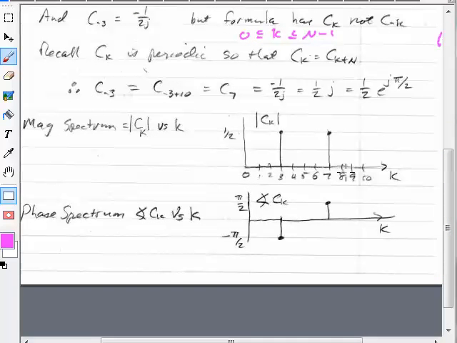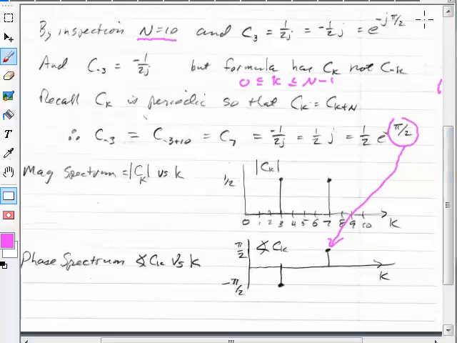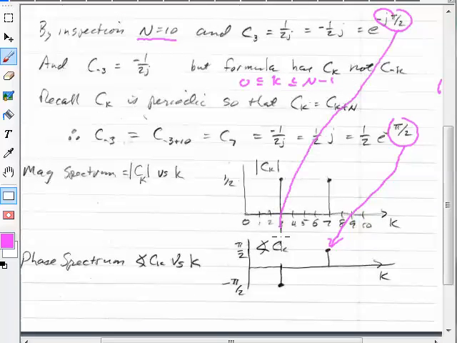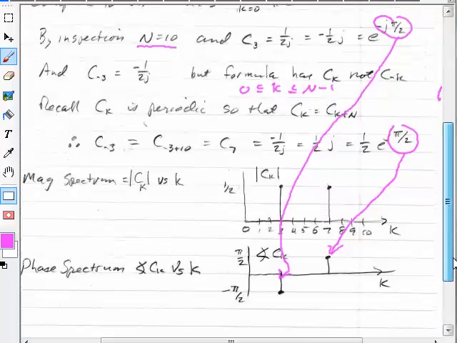So that's where we get this: this pi over 2 comes down to there, and this minus pi over 2 without the j is this guy. So there's the magnitude and the phase spectrum.